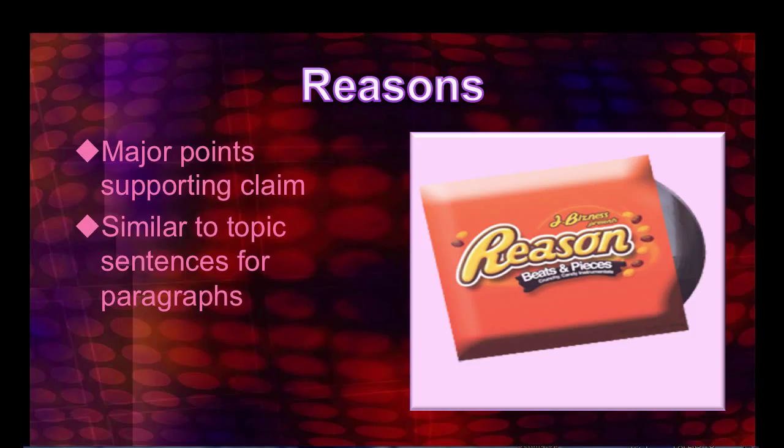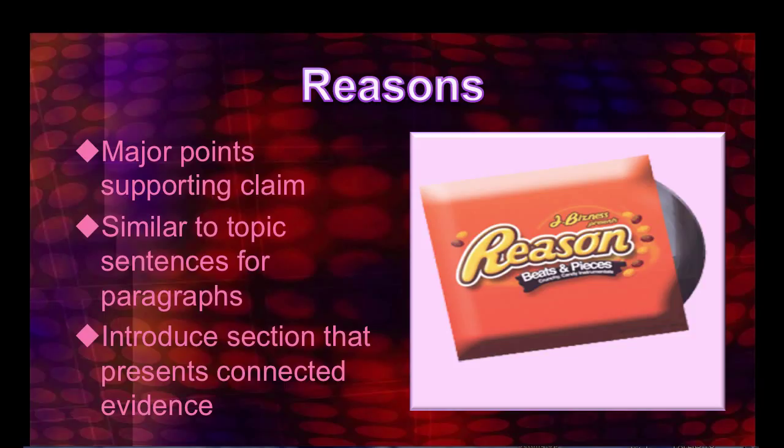We are using the term reason instead of topic sentence because the sections of the paper that discuss and develop those major points to support the claim could well be more than one paragraph long. So we use the term reasons instead of topic sentence. And what a reason does, as I've said, is it introduces the section that presents evidence that's connected to that particular subtopic.